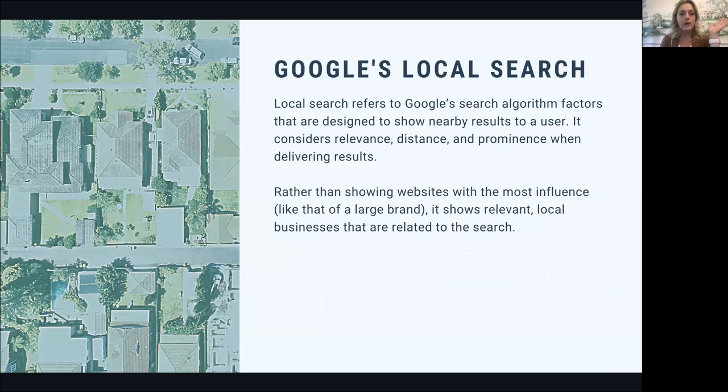I don't like my location to be on all the time, but I'll say yes if I'm in a certain area, because if I'm looking for restaurants in Portland, Maine, I don't live in Portland, Maine. So if I press yes, Google is actually going to look at where I am, and it will only give me restaurants that are around me. If I search for places to eat, it's going to pull up just places to eat around where I am. So that's Google's local search.